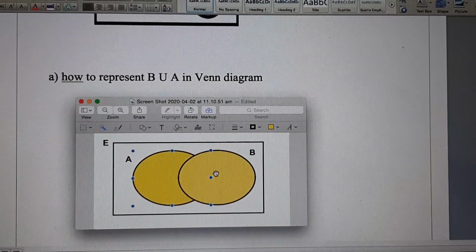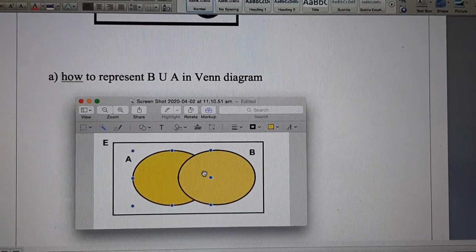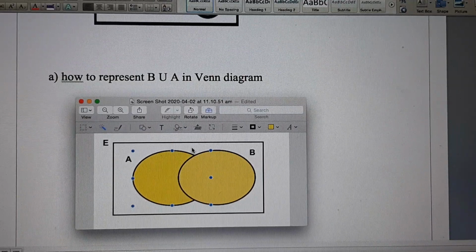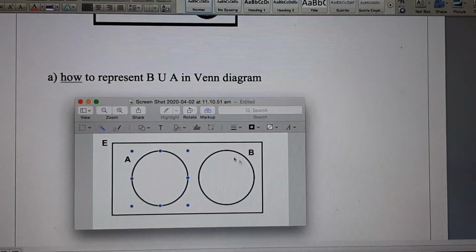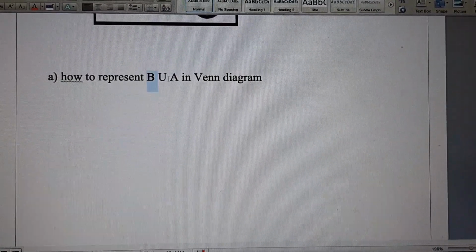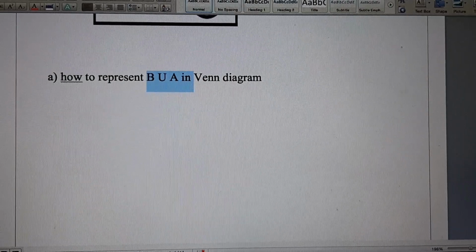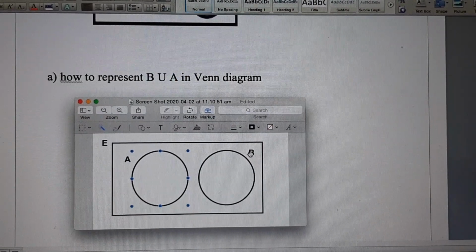Now both B and A are shaded here, so this is the answer for B union A in a Venn diagram.